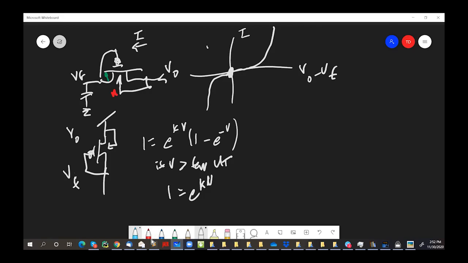And now you have this diode, like a physical PN junction. And so in the other direction, when VF is bigger than VO, you actually literally have a PN junction, which is the source to well junction. This is the source, and this is the N well. And so that's also a diode.